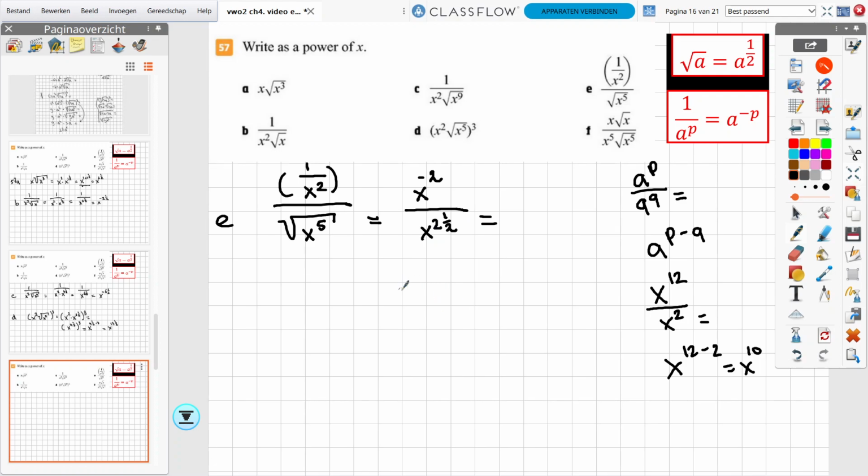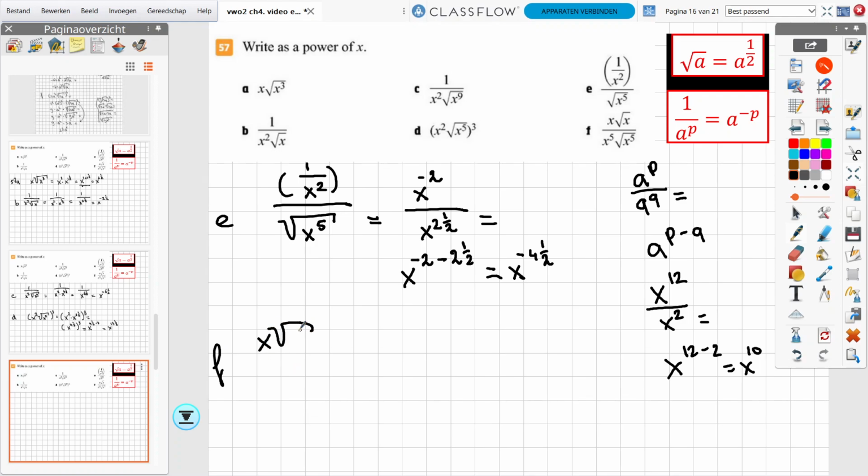That's the same as x to the power of minus 2 minus 2.5, p minus q. And that gives me x to the power, believe it or not, of minus 4.5. And this is the final answer because I've rewritten it as a power of x. Okay? And I think we maybe need this rule for f as well, so I'll leave it there.